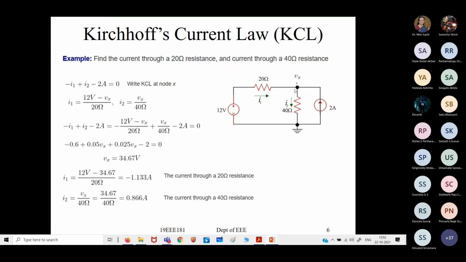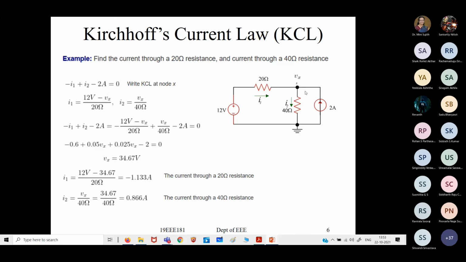Now this is the node X. Generally, we take current entering the node as negative, as you can see here, minus I1, and leaving the node as positive. So you can see here I2, it is leaving the node, so it is taken as positive. This current source 2 amperes is again entering this node, so it is minus. So this is the equation.